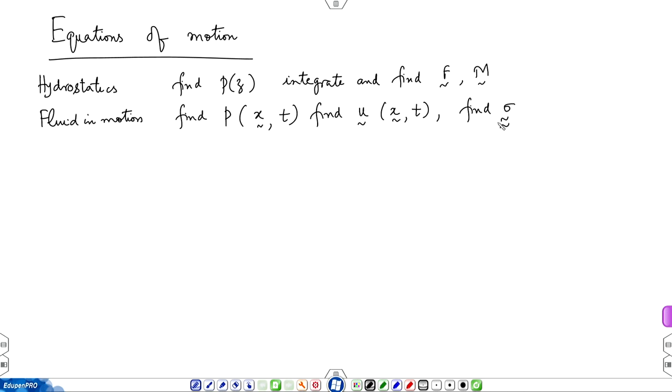So, we put two tildes for sigma and then integrate and find F and M. This M is required in some select few problems, most of the time it is F that is required. F is also force, this force usually is force acting on the solid surface.